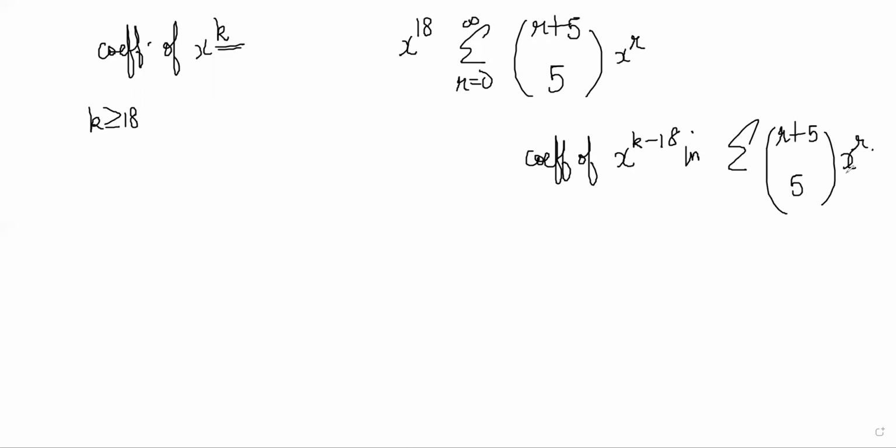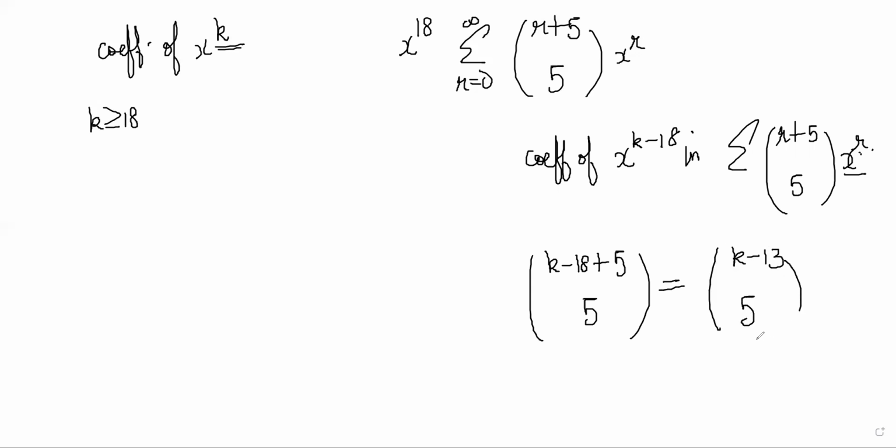Which will be x power. So you have to put just r is equal to k minus 18 here. So it will be k minus 18 plus 5 c5, right? That will be my summation. So that is actually equal to k minus 13 c5, right? K minus 13 c5.